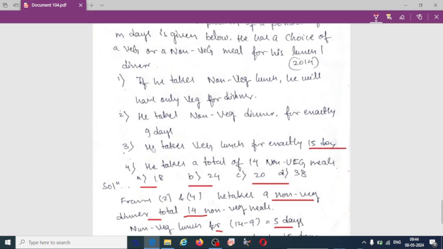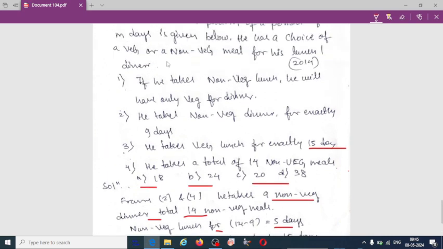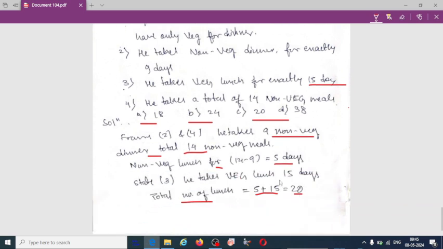Here in this question, he has a choice of veg or non-veg meals for lunch or dinner. So total how many lunches does he have? 5 plus 15, that is 20. That is M days, nothing but the number of lunches he had. So 20 is the correct option.